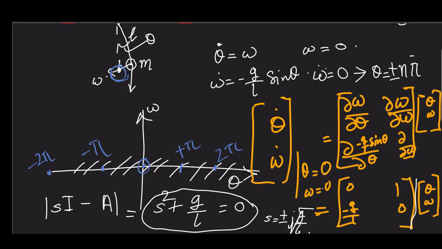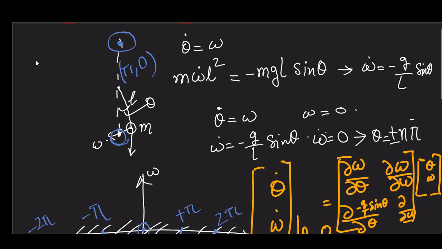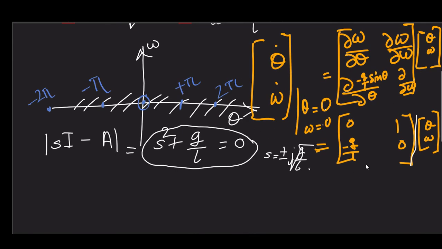Now, if you find the model in the upright position, the only change is that the cos theta term should be evaluated for theta equal to pi.